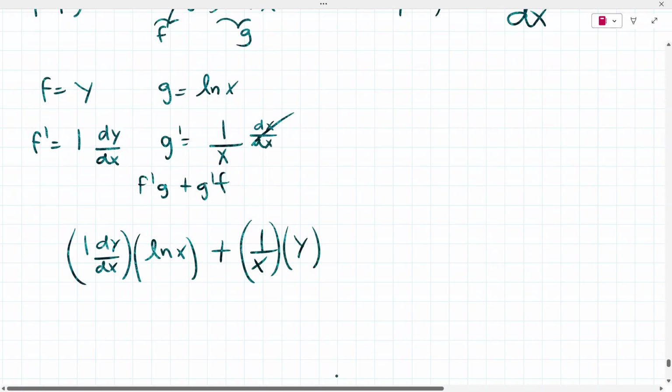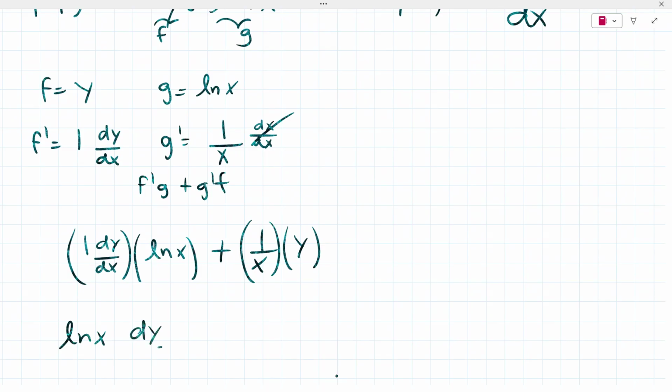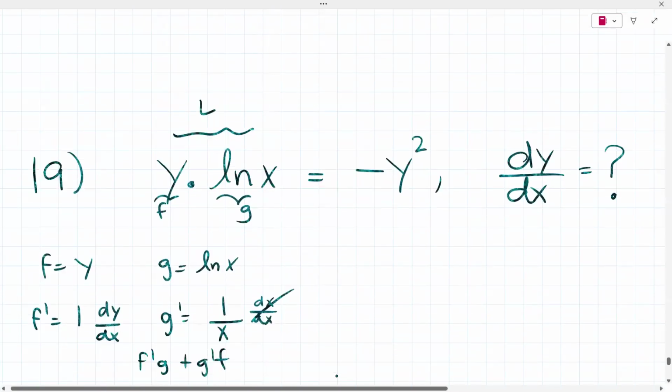So 1 dy dx times ln of x, that's ln of x times dy dx, plus, what's 1 over x times y? It's y over x, equals, and then now do the right side.